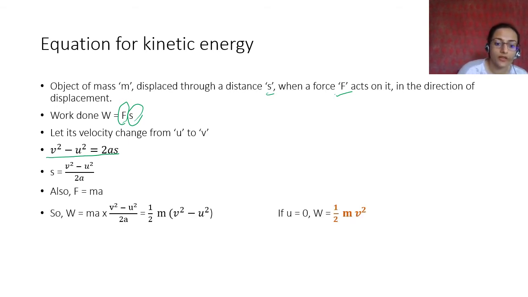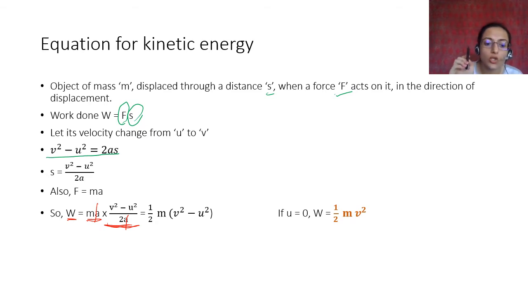So now we see, W is equal to force, which is ma, into s, which is v square minus u square upon 2a, right? So this a and this a get cancelled, and half remains.